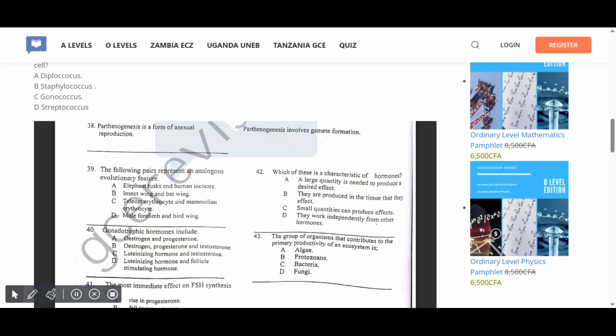Question 43. The group of organisms that contribute to the primary productivity of an ecosystem is? The answer is B. Protozoans.